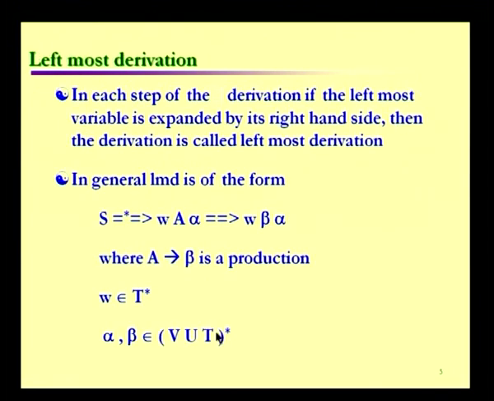Now we can learn about the leftmost derivation and the rightmost derivation. In general a derivation has to start from the starting symbol of the grammar, and it will continue with the expansion of the variables available in the sentential form with the appropriate right hand sides of the respective productions, until we find a sentential form which contains only terminals.